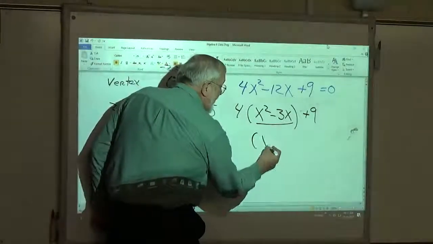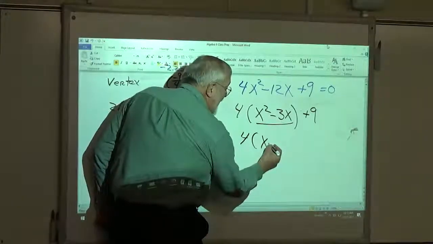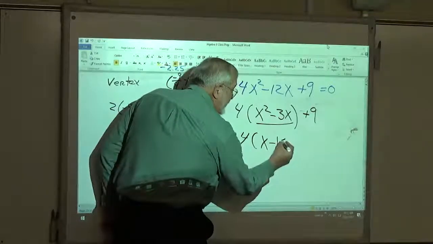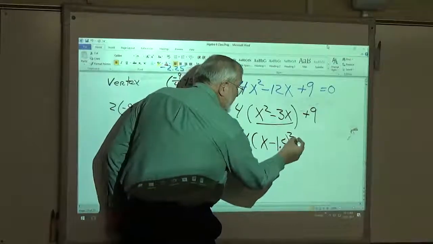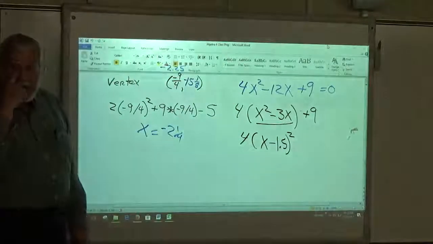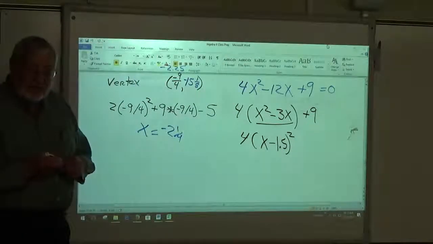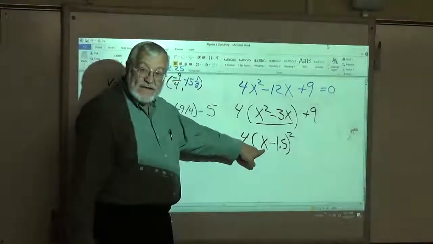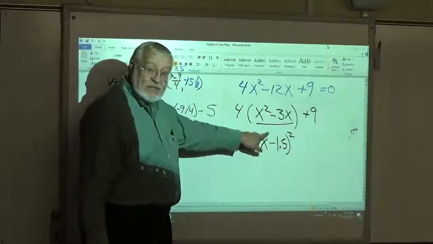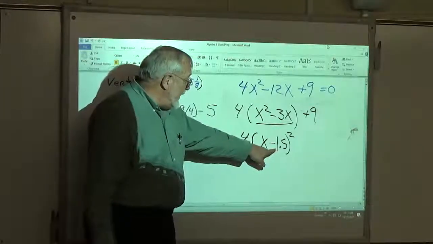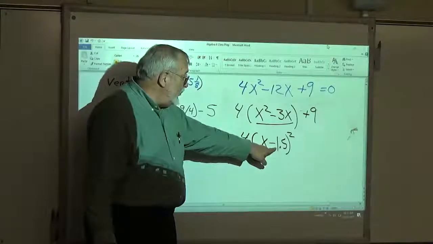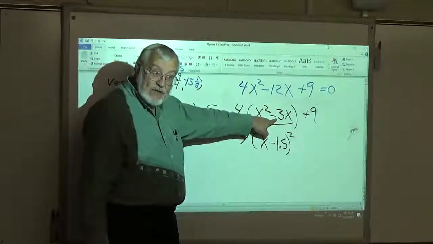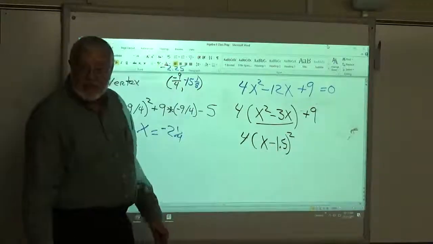So that makes 4 times (x minus 3 over 2, which is 1.5) squared. Now, have I got that? When I take 2 of these, I'm going to have 2 of them for the x term: negative 1.5 plus negative 1.5, which is negative 3.0. And then I also have a third term.